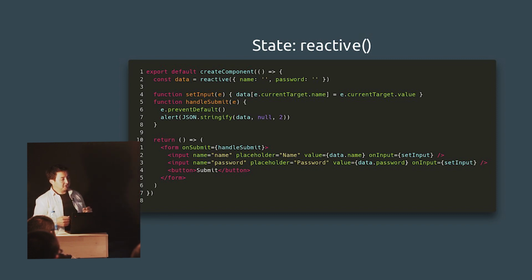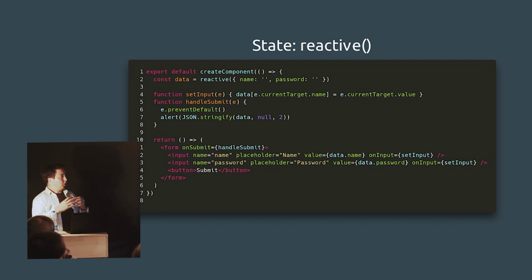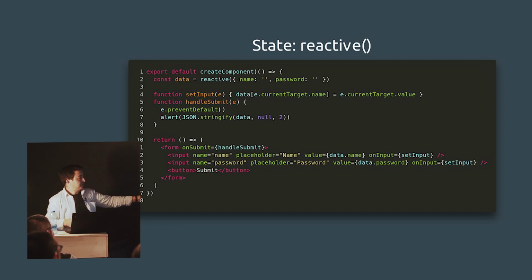So if you change name or if you change the password, it will render the component, and you can always access it here as a whole object. So this is nice when you have some state that needs to be handled in the same object. For example, here in this form, I have name and password, and both name and password will be changed in the inputs.